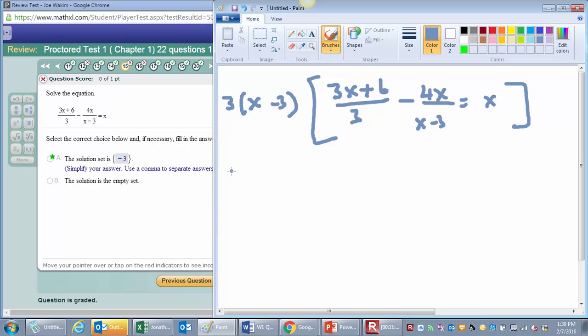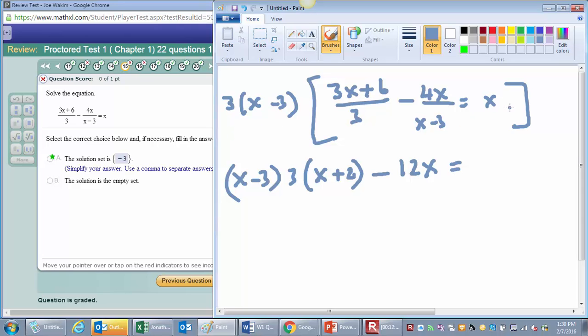Then we have to multiply x minus 3 times, we can take 3 as a common factor here, 3 times x plus 2. Remember, 3 times x and 3 times 2 is 6, so you come back. Minus, here if you multiply 3 times x minus 3 times the second term, the x minus 3 will cancel, and then you have to multiply 3 times negative 4x, which is negative 12x.